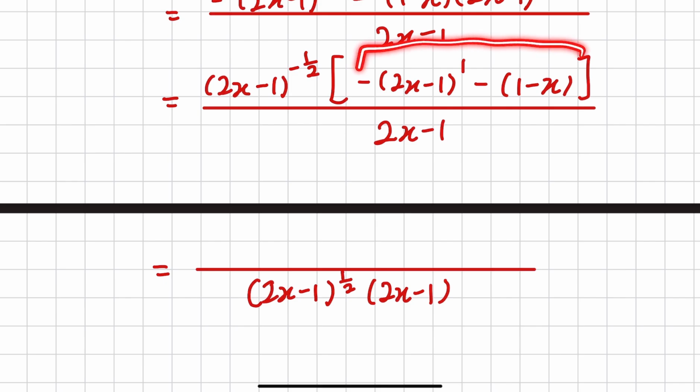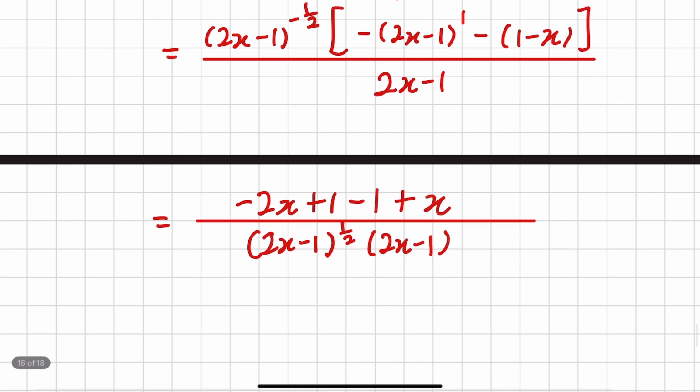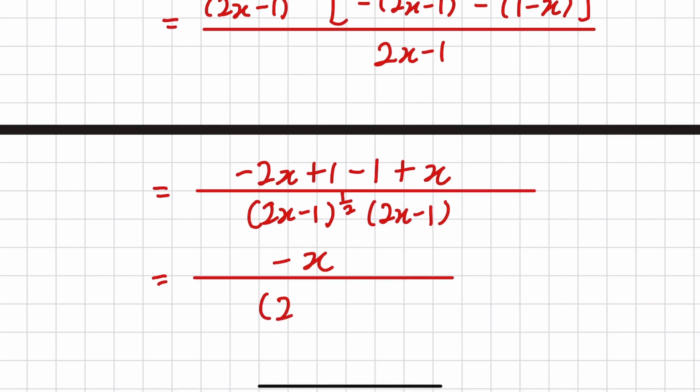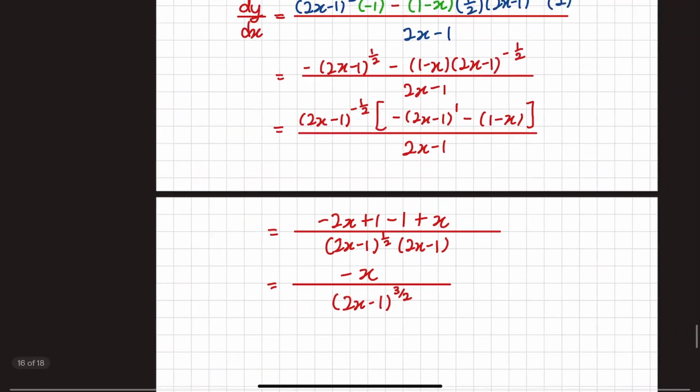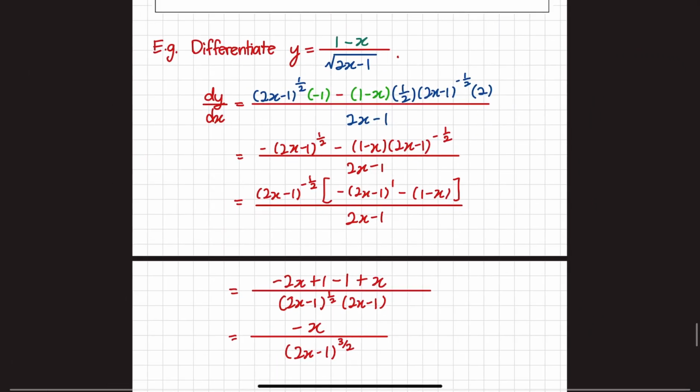My numerator, I'm left with this. Simplify, I'll get minus negative 2x plus 1 minus 1 plus x. By further simplification, we get your final answer: negative 2x plus x will give me negative x in the numerator, and I'm left with 2x minus 1, the whole thing power 3 over 2. That will be your final answer to differentiate this example.